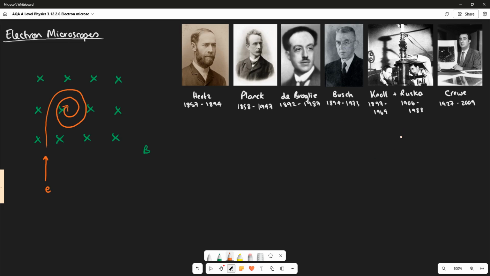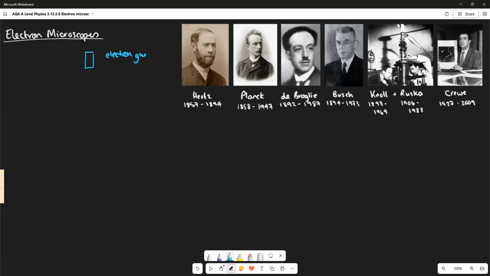His work was purely theory, but it was taken up by Ruska, who with his PhD supervisor made the very first electron microscope. Their electron microscope used an electron gun which emitted electrons through the process of thermionic emission.